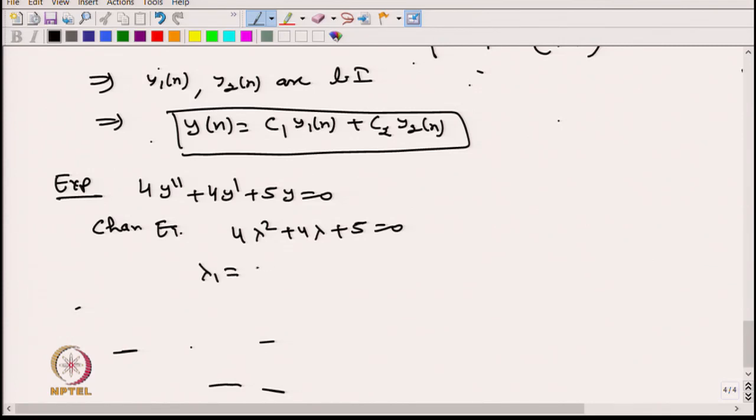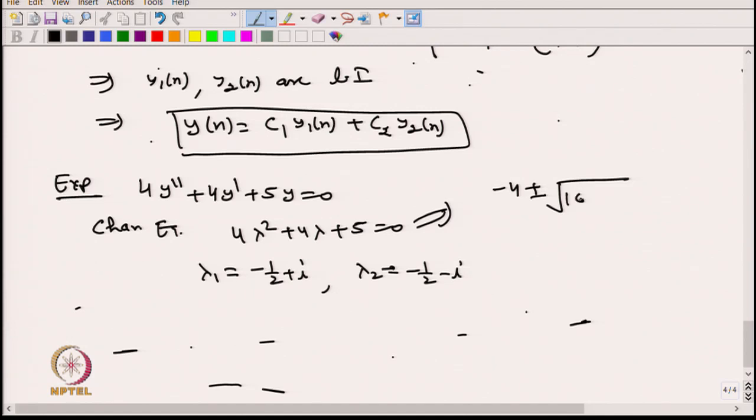So, lambda 1 I am getting minus half plus iota, and lambda 2 I am getting minus half minus iota, because from here I can define my roots: minus b plus minus square root of b square minus 4ac, that is 16 minus 4ac, so it will be 80 by 2a, it will be 8.